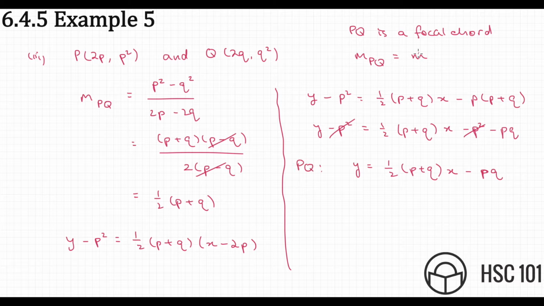According to the question, I need this chord to have gradient m, and I also need it to be a focal chord. So my chord PQ is given by y equals half (p plus q) x minus pq.